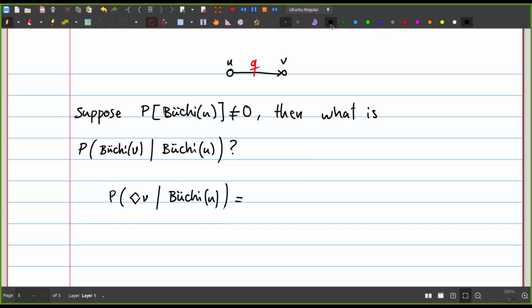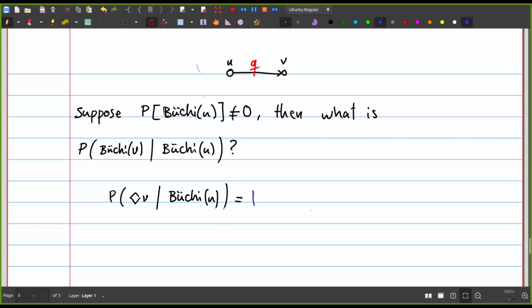Well, intuitively, this is quite easy to understand, right? So I'm taking some path, some infinite walk on my graph, and I'm coming to the vertex u infinitely many times. Every time I'm coming to u, there is a non-zero probability that I go to v. So it seems quite obvious that this probability should be 1, right?